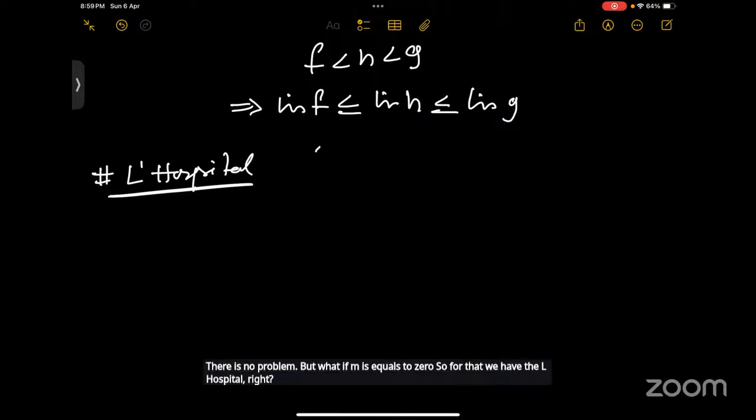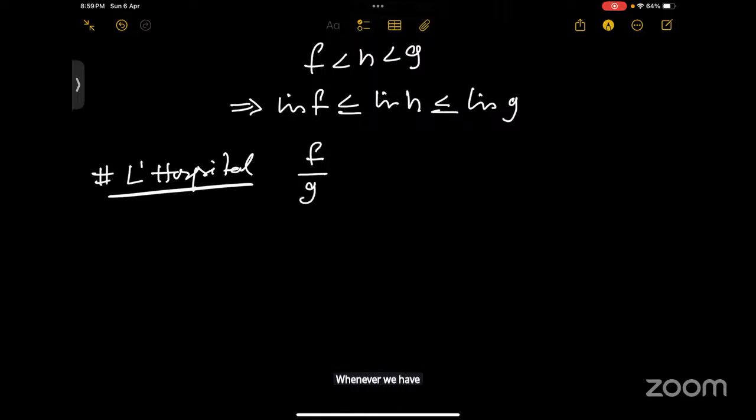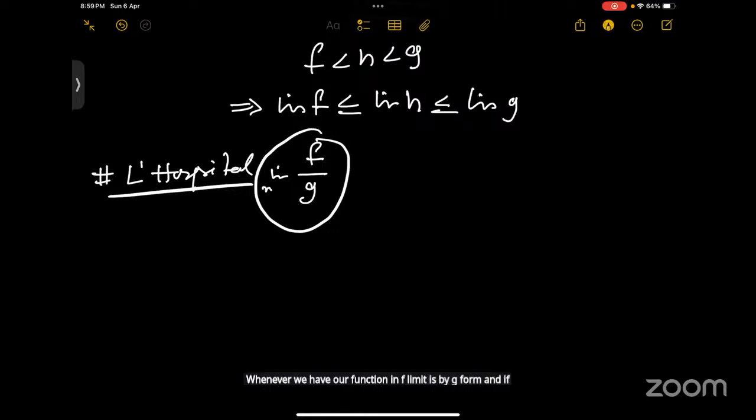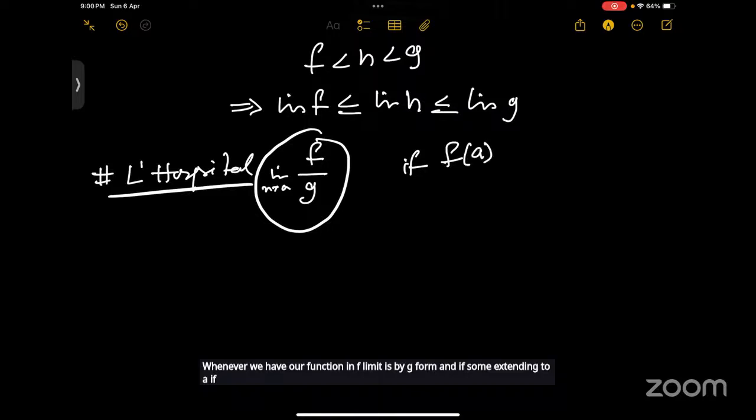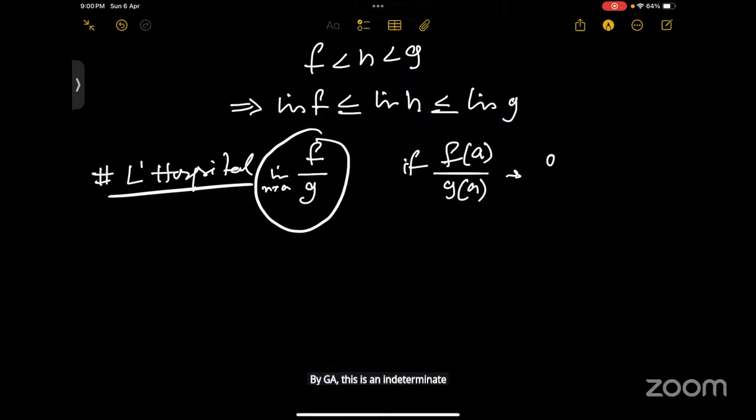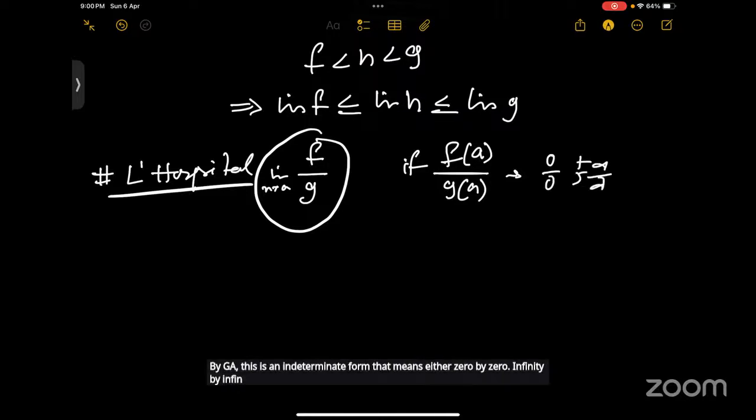Whenever we have our function in limit f by g form, and as x tends to a, f(a) by g(a) is in indeterminate form, that means either 0 by 0, infinity by infinity, or plus minus infinity by plus minus infinity, right?